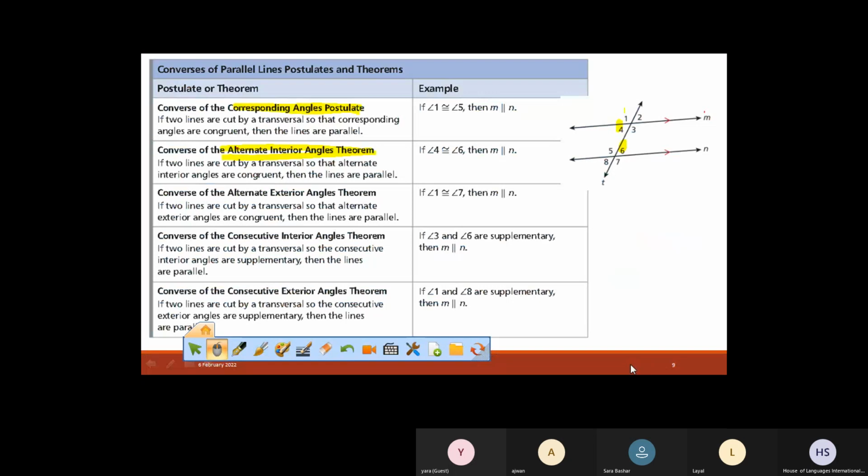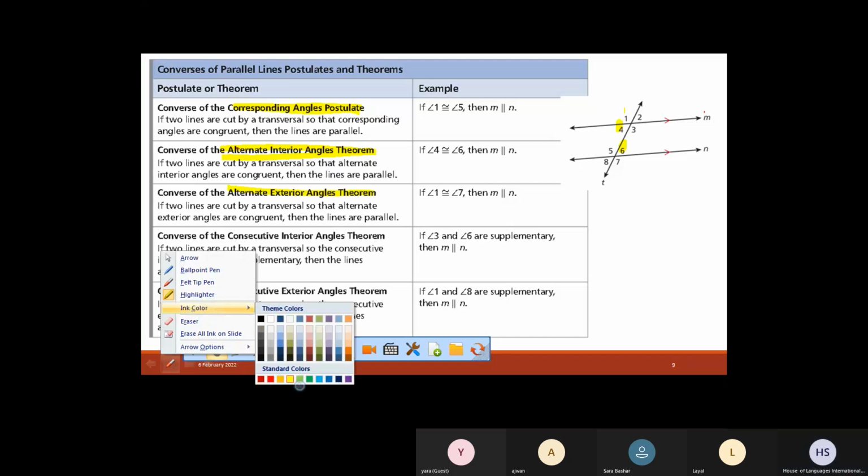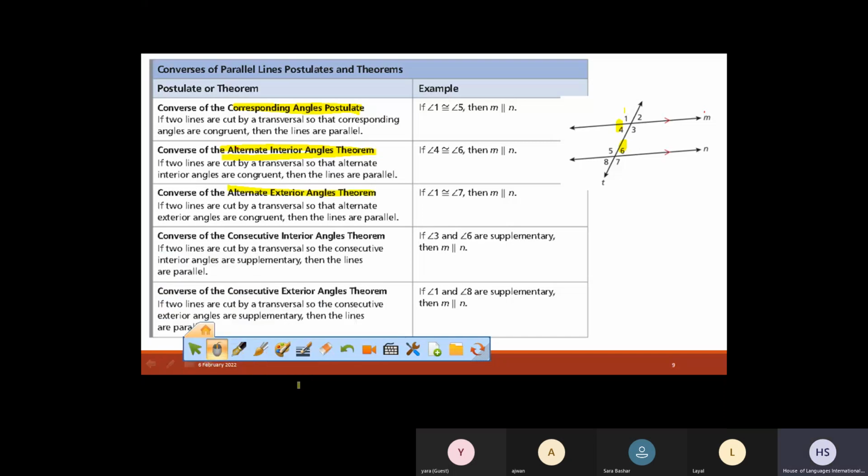The third one, which is what? Alternate means opposite. Interior, they are inside. Now, alternate exterior: I am exterior, in this place and in this place.